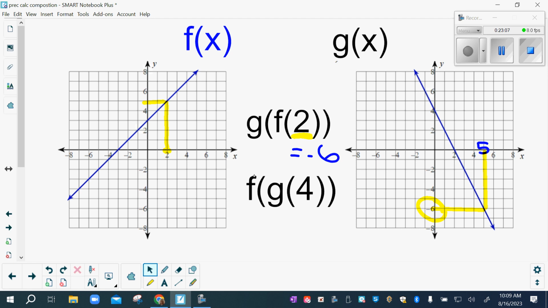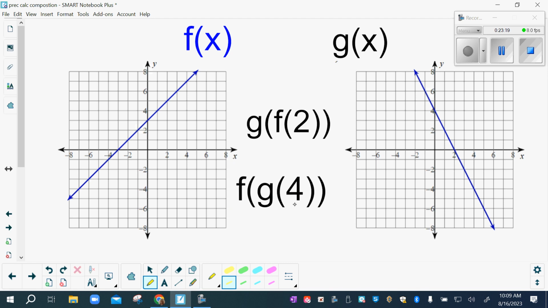Okay, so here we go. Last one before I tell you your homework and I check out homework and give out free homework assignments. So much to do. So here's what it's going to look like. It tells me to take my 4 and start on my G graph, right?